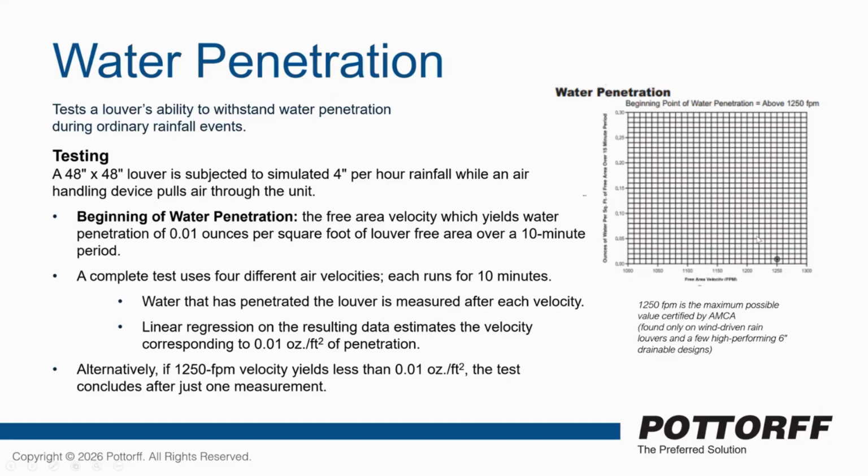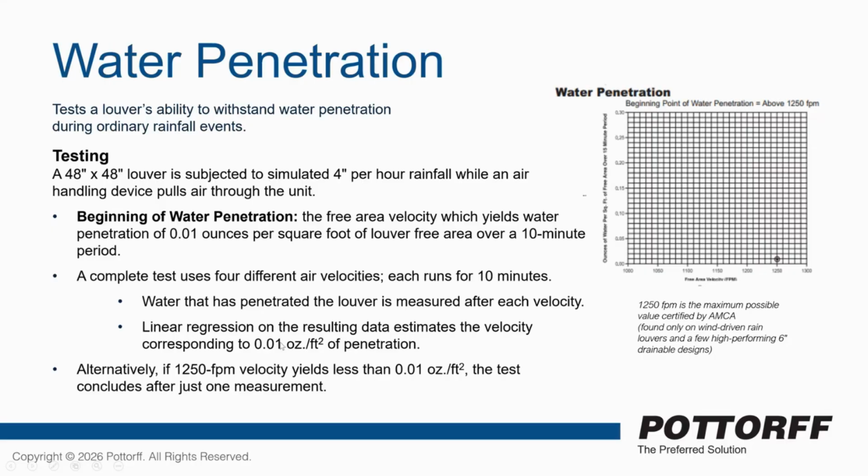As you can see on this little graph, this louver probably had 1,250 feet per minute at which we're starting to get water in. And the magical number that AMCA tries to test for is 0.01 ounces per square foot of water.